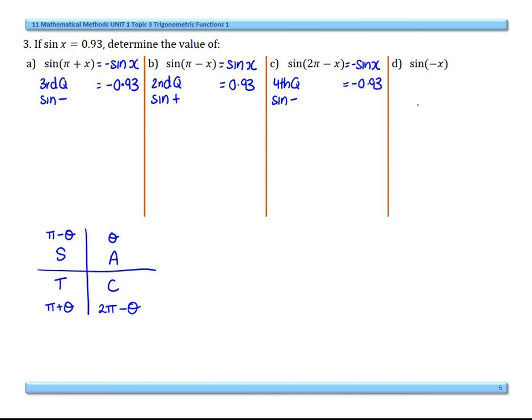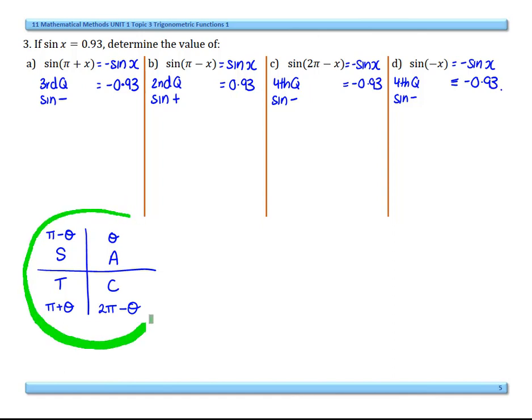Finally, just negative x. We're going in the negative direction, so we're in our fourth quadrant. Sine is negative, so it's negative sine of x, which is negative 0.93. So you'll see this diagram here, extremely important. The other one to remember is just our unit circle and what your coordinates are.